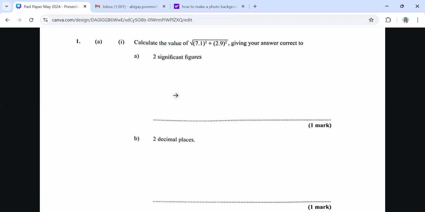Plus, it should be 7 point, should be 7.6.